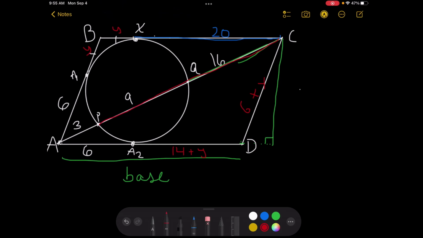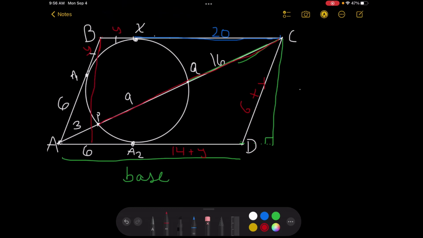So let's try drawing the height of this parallelogram in different places inside the parallelogram, so that we can get an idea for what lengths we can compare to find the height eventually. So we can draw the height here, right?